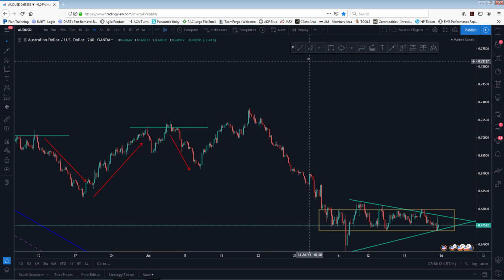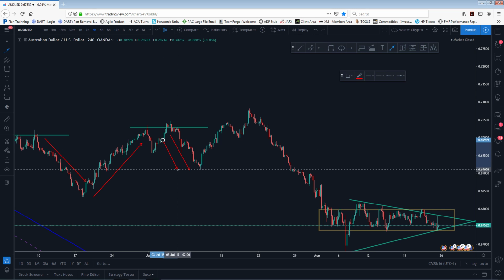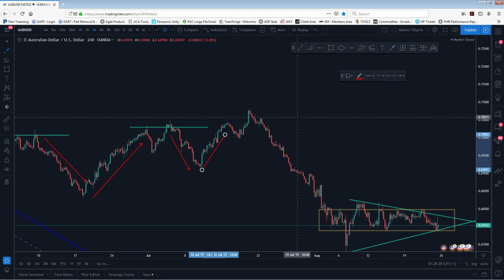See how I told you to draw in this move? I want you to draw in all of these moves. So watch what I do here. I put an arrow there. This is the retrace.